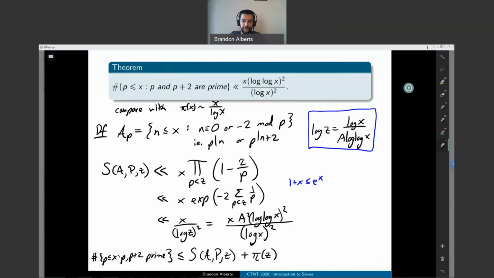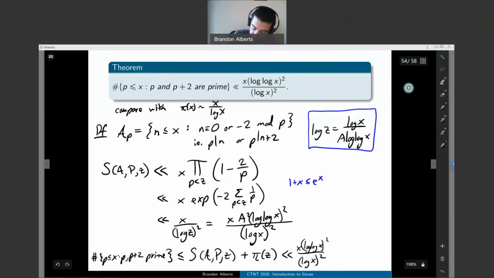But the total number of primes less than z, that's certainly smaller than z. So we get this is less than this term. I'm going to drop the A because it's a constant. Pi of z is bounded above by z, and we have this formula for z.